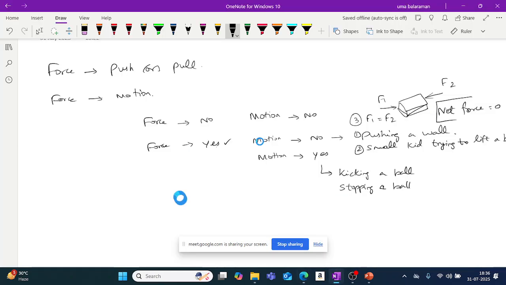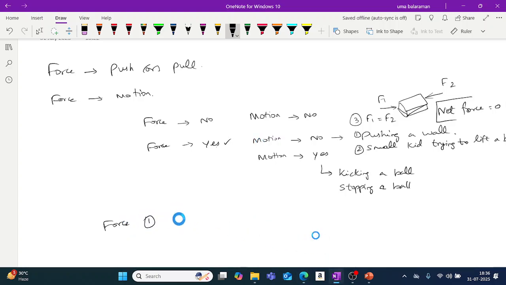So number one, force can make a stationary object move. Number two, make a moving object stop. Number three, make a moving object move faster.